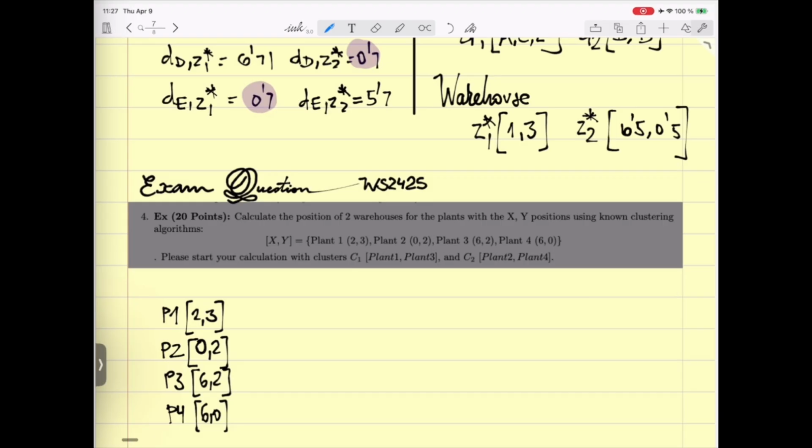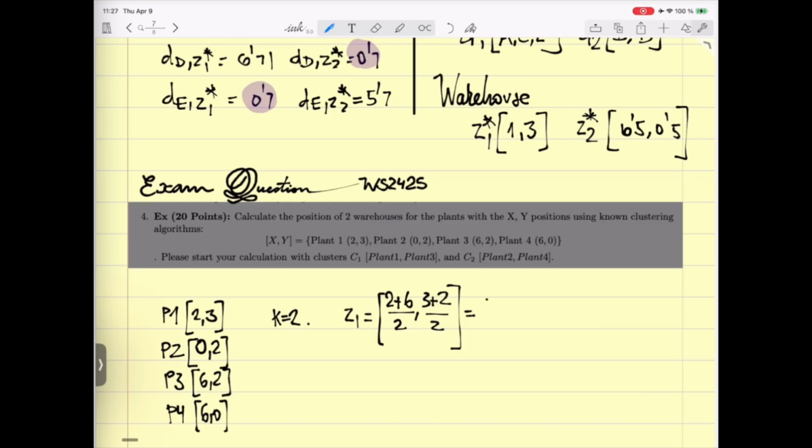So we know that K is 2 because we have 2 warehouses, okay? And then we go ahead and say, okay, our first centroid is telling us to start with plant 1 and 3, so it's 2 plus 6 divided by 2, 3 plus 2 divided by 2.